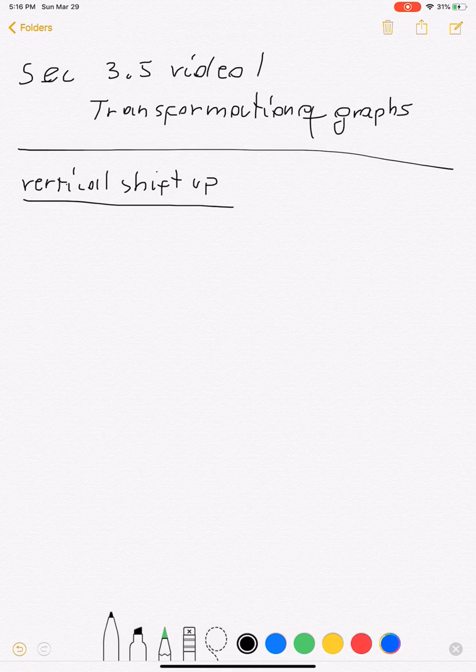Transformation. Okay, so let's talk about the definition. f of x is the original function.